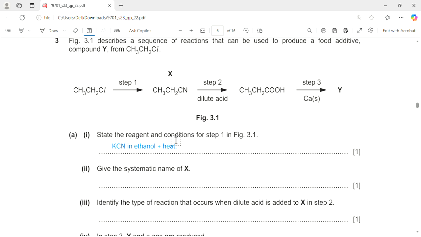We have three carbons, and we all know three means prop, and there is a nitrile group, so it is propanenitrile. This is the answer, propanenitrile.